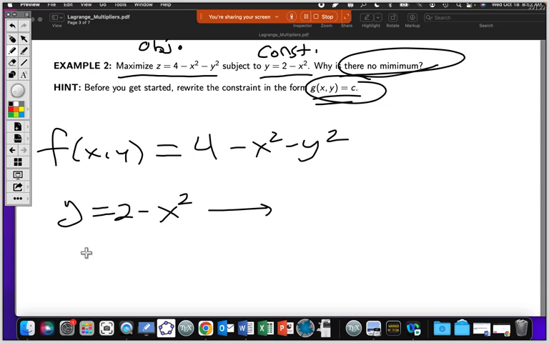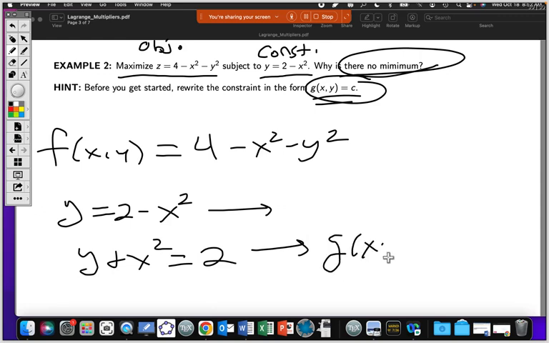Yeah, you can just add the x squared over. Okay, so if we do it this way, we identify our g of xy is y plus x squared. Could you subtract the y over? Of course. And then your g of xy would be 2 minus x squared minus y.